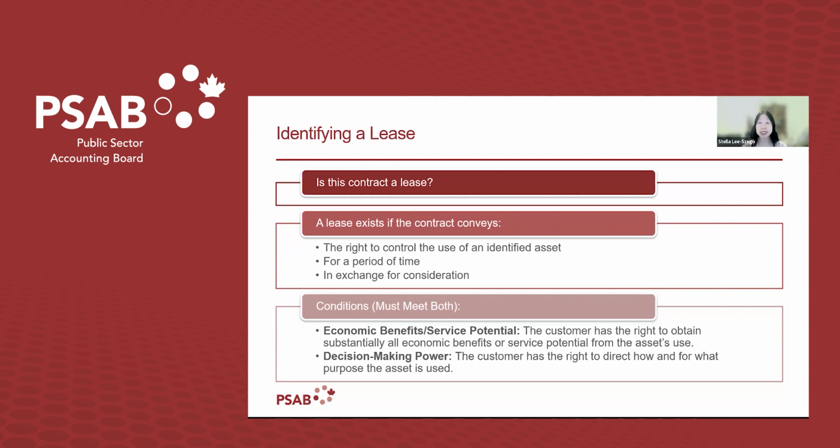The first one is that the customer must have the right to obtain substantially all of the economic benefits or service potential from using the asset. The second one, and equally important, is that the customer must have the right to direct how the asset is used. The application guidance in IPSAS 43 also provides a flow chart that may help entities in making the assessment of whether the contract is a lease or contains one.